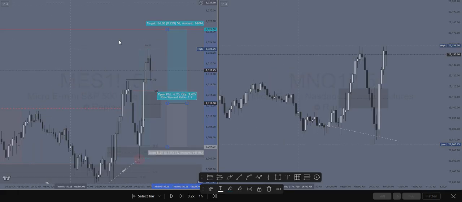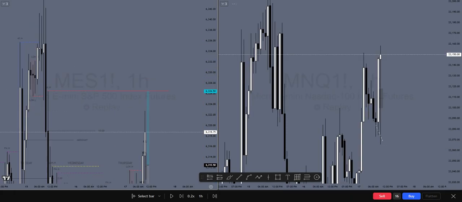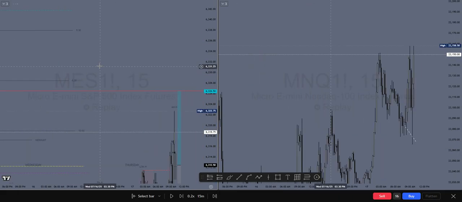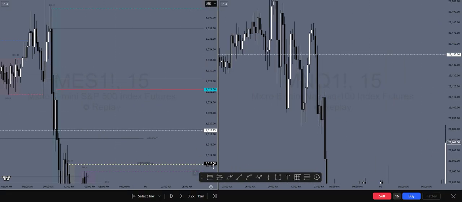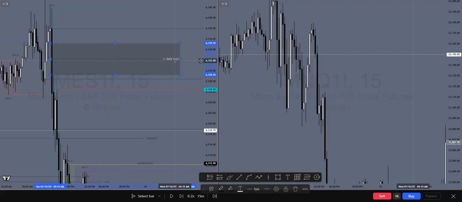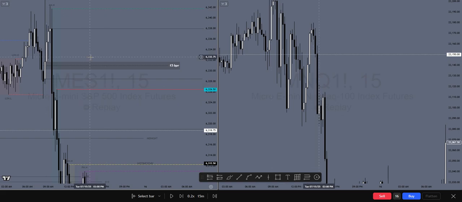Obviously on this, we have a 15-minute BPR on ES. Because we have this liquidity mark, we also need to take into consideration that we have an entire huge zone right here, our 15-minute BPR. A 15-minute BPR is just a bullish and bearish block, or bullish and bearish fair value gap, that have multiple fair value gaps in one.